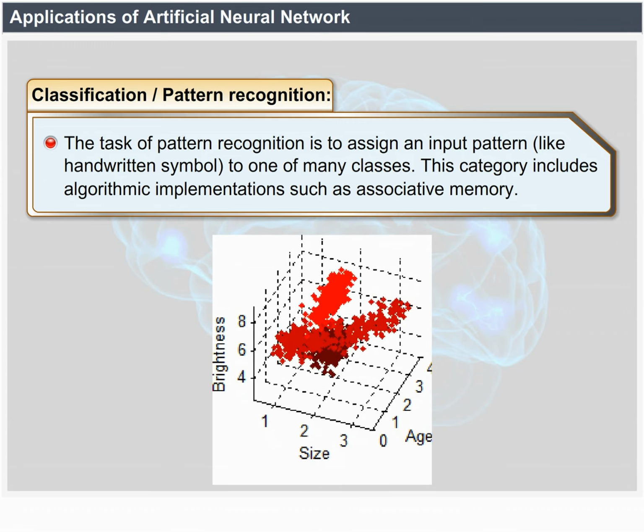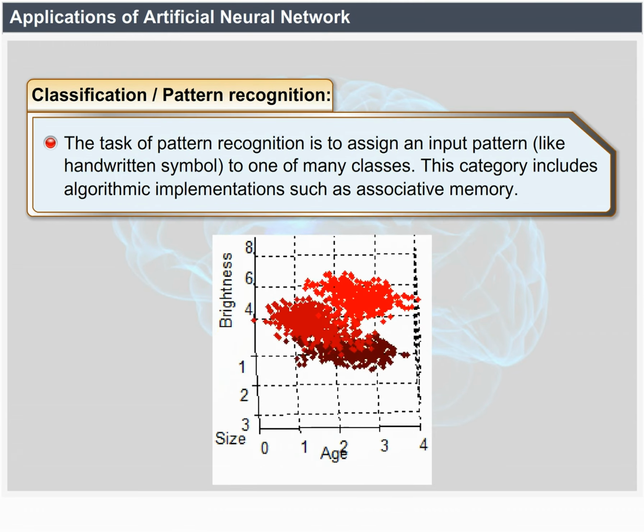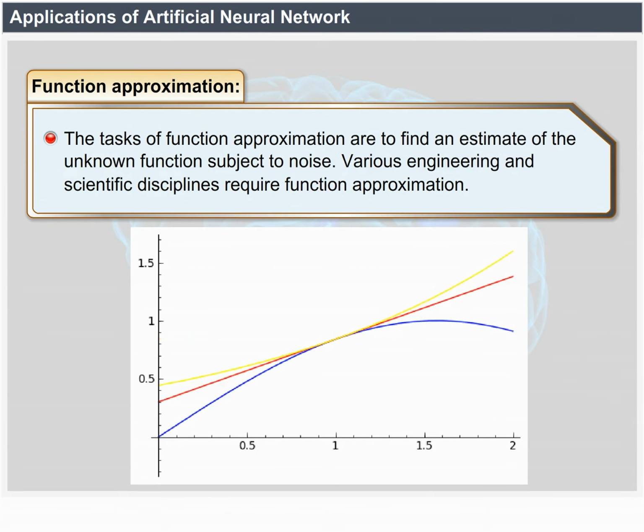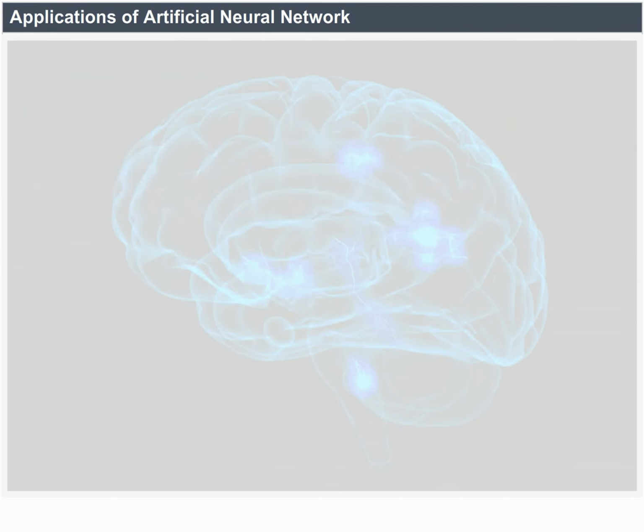This category includes algorithm implementations such as associative memory. Function approximation. The task of function approximation is to find an estimate of the unknown function subject to noise. Various engineering and scientific disciplines require function approximation.